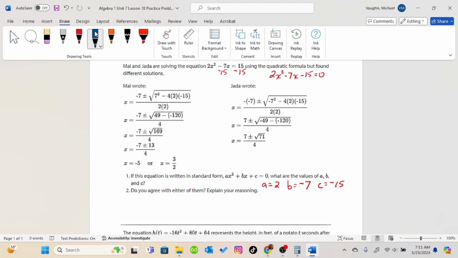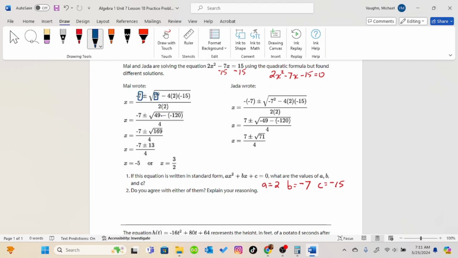Number 2, do you agree with either of them and explain your reasoning? So if we look at Mai's work, Mai has mistakes right here and right here. So Mai uses 7 for b instead of negative 7.